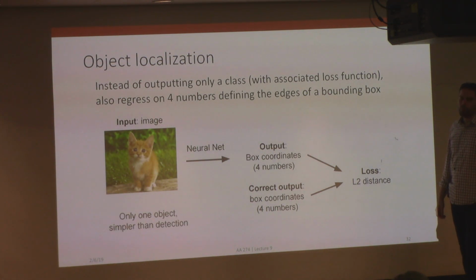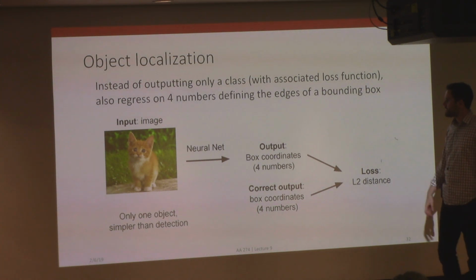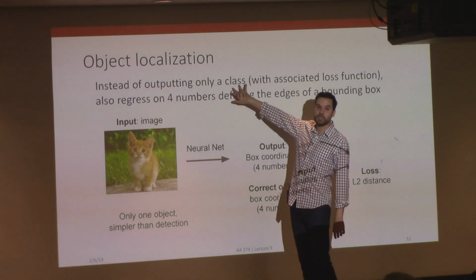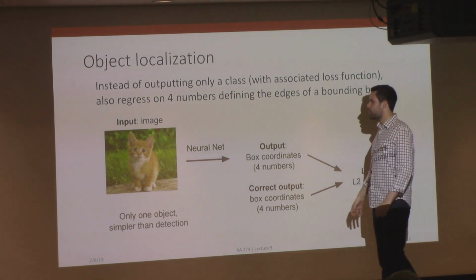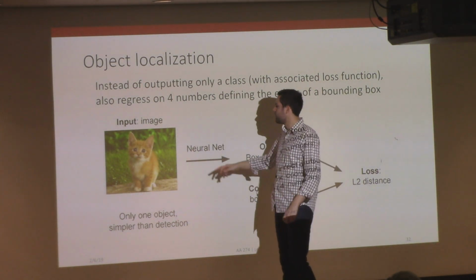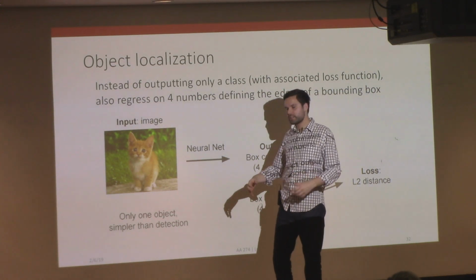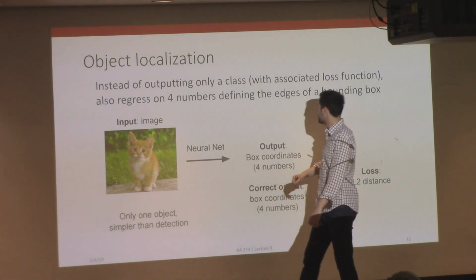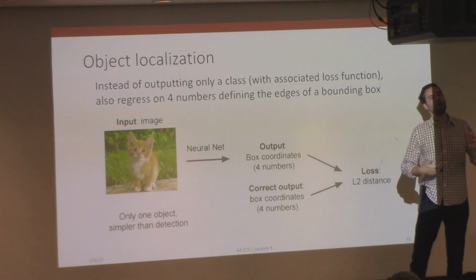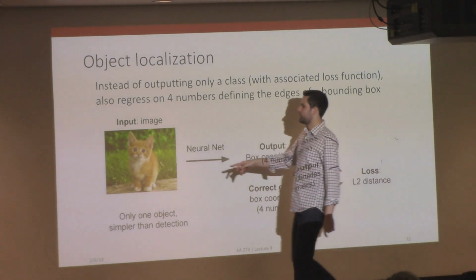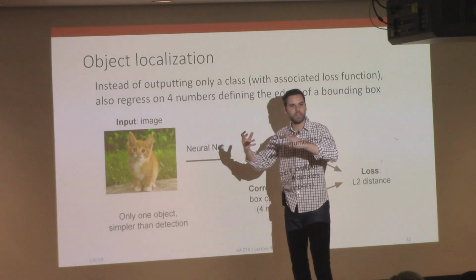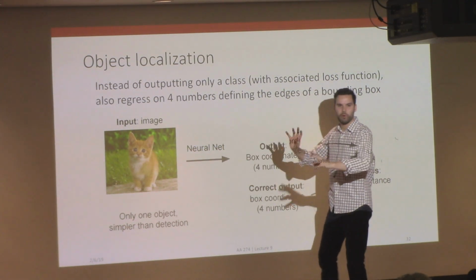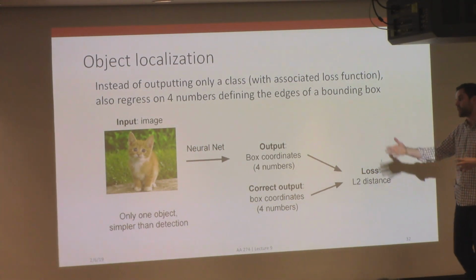The way we can do this with CNNs is that instead of only outputting some classification value, you can also have a regression aspect where you're trying to predict the 4 numbers that describe the edges of a bounding box: this pixel here, this pixel here, this pixel here, and this pixel here, and then the classification, cat. That would be a good localization and detection in that image.